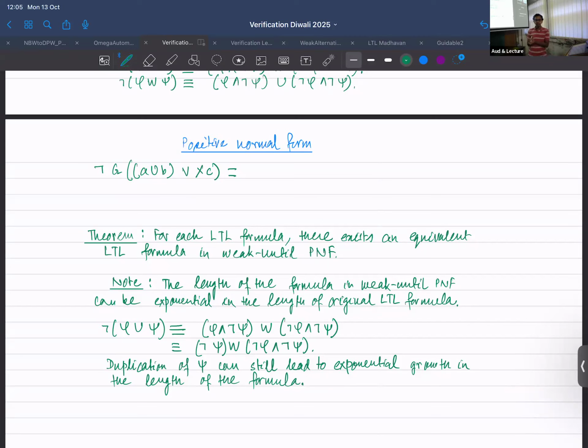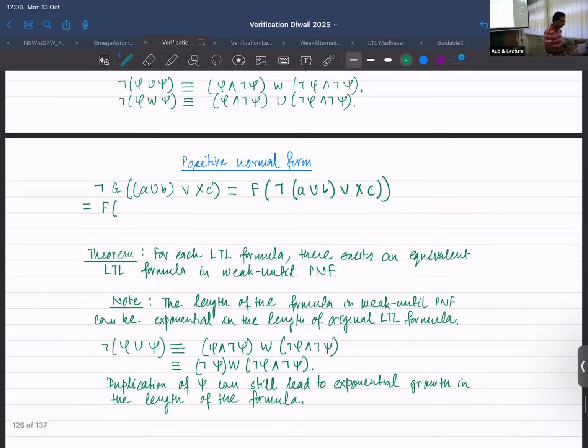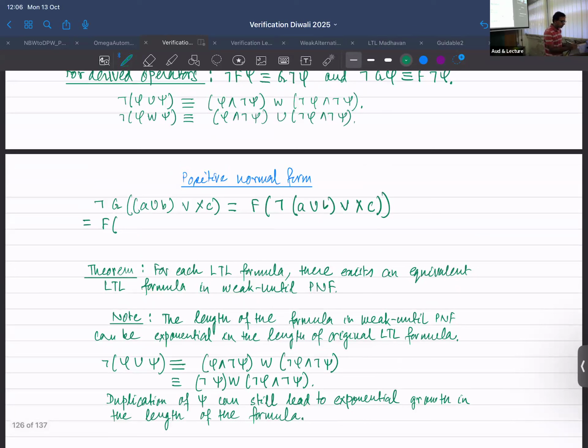Okay, we can do step by step. So eventually not of A until B or X of C. First you can write it like that. Then what do we write? Eventually not of A until B, and X of not C.